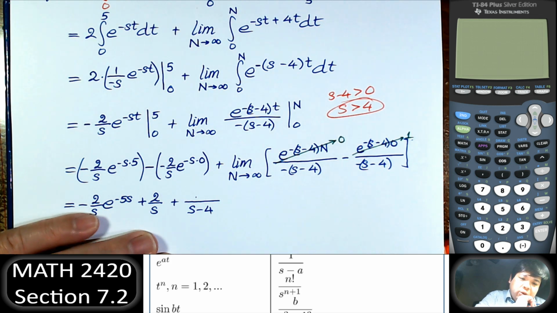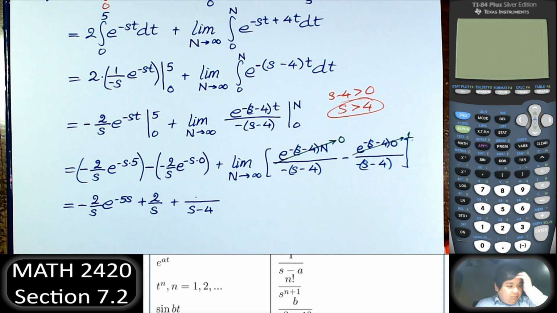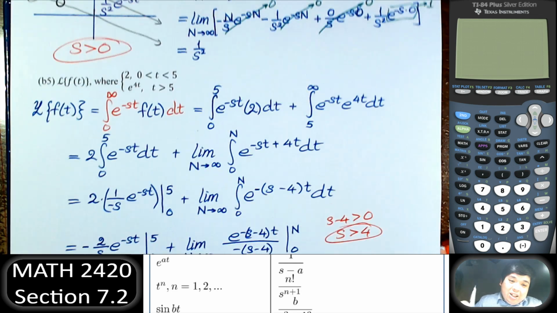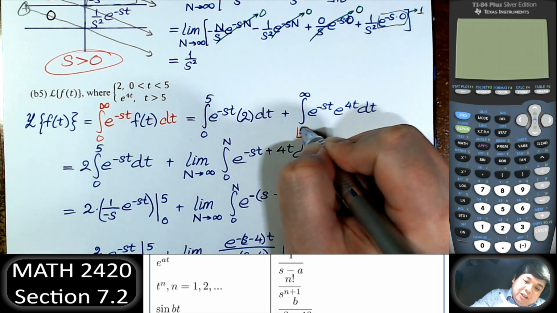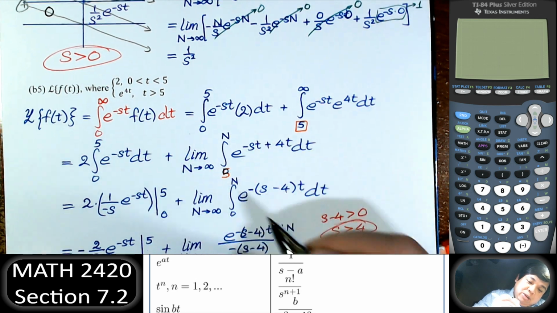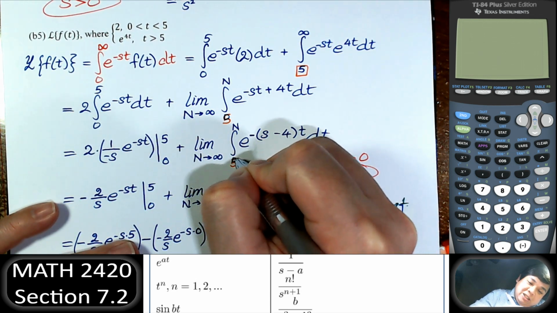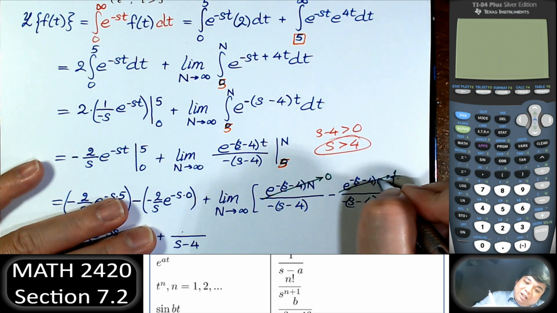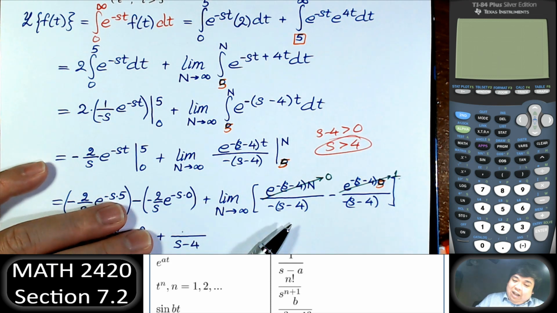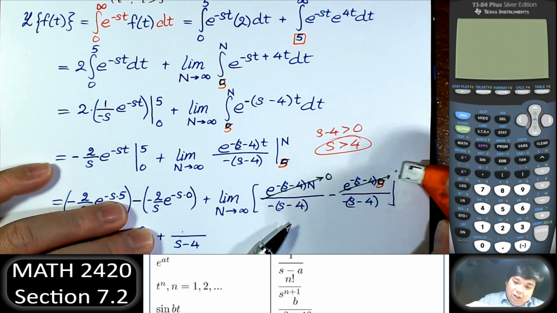If we put 0 in for t, oh, I apologize, we have a 5 here, right? That is the lower limit. Luckily we don't have to change much, just change the limit. Except that it's no longer going to 1.